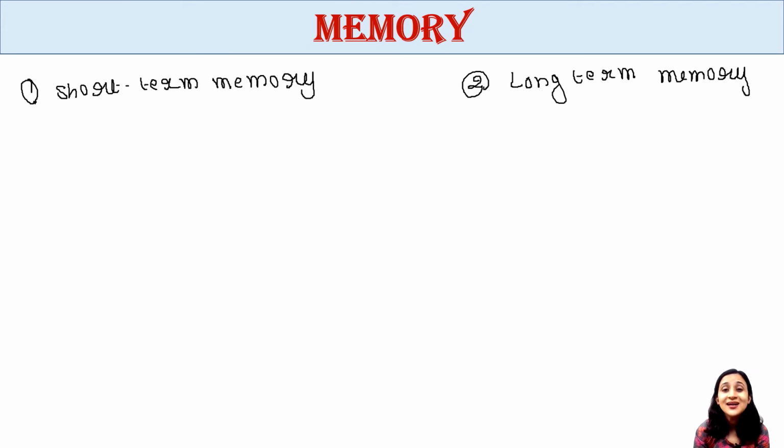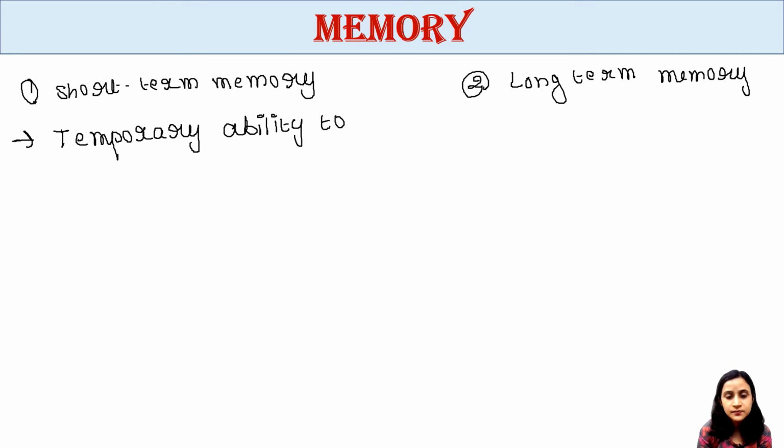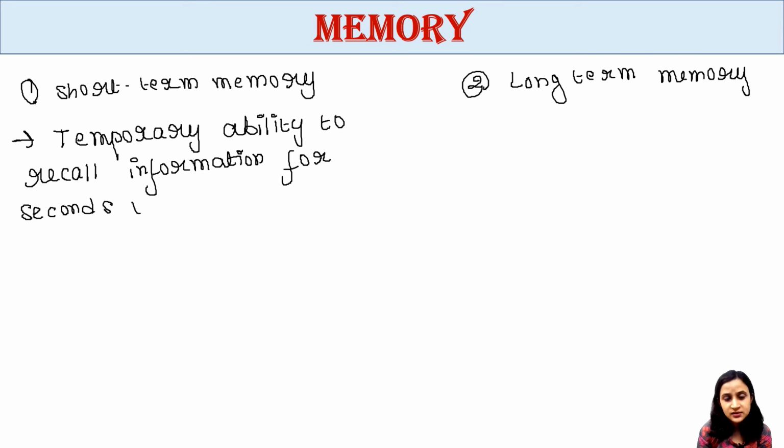Short-term memory is the temporary ability to recall information for seconds to minutes.